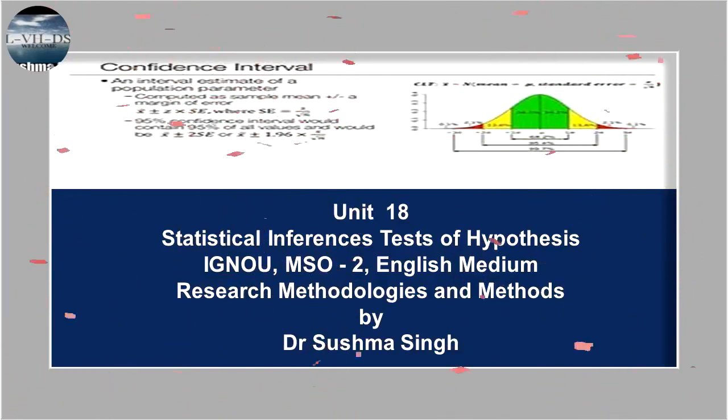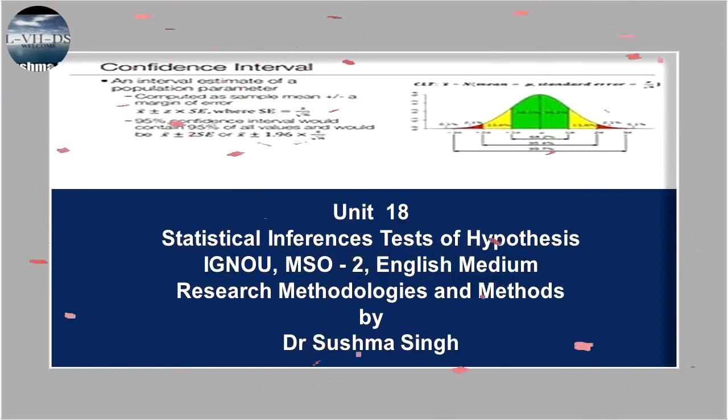Hypothesis testing tests some hypotheses about the parent population based on the sample drawn from the population, and estimation uses the statistics obtained from the sample as an estimation of the unknown parameter of the population.